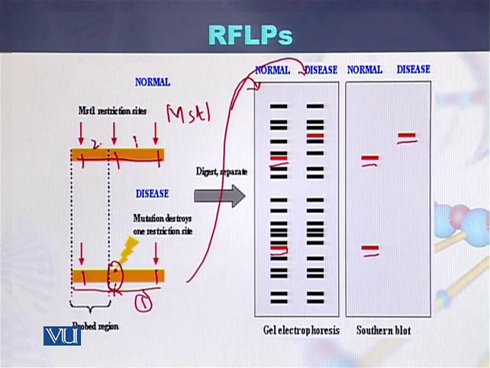So we can say that RFLP is a technique by which we can detect or study certain diseases, or identify mutations in certain diseases.